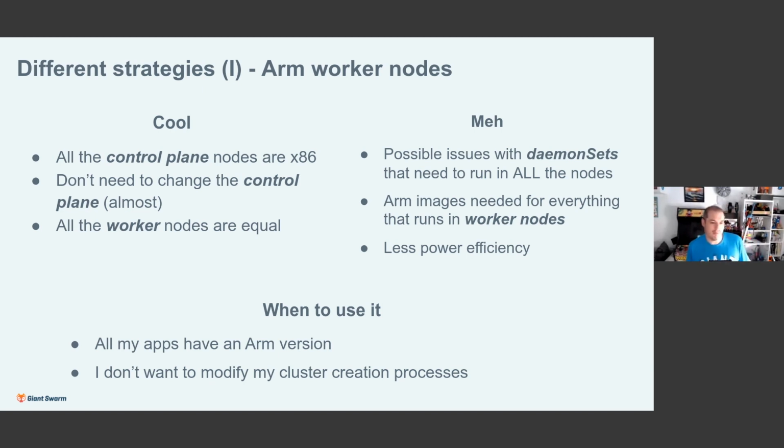So this could be a possible issue if your image is not ready to run on both architectures. And you need ARM images for everything that runs in the worker nodes. You are not so efficient because half, or at least some of the nodes, are still x86. So you are not getting everything.